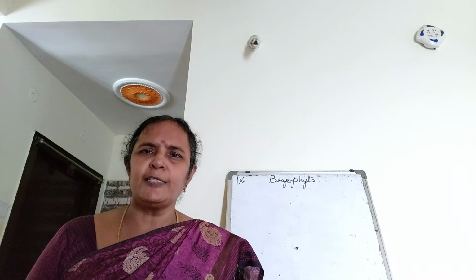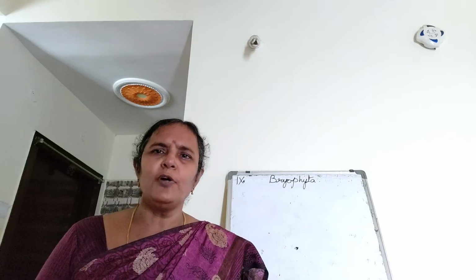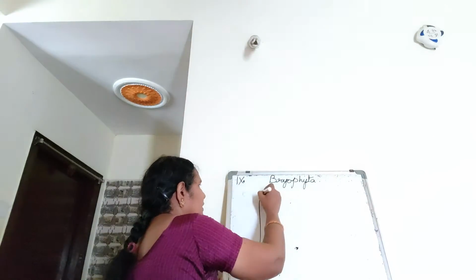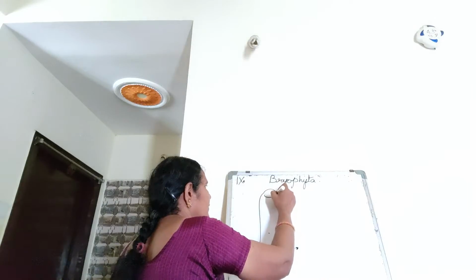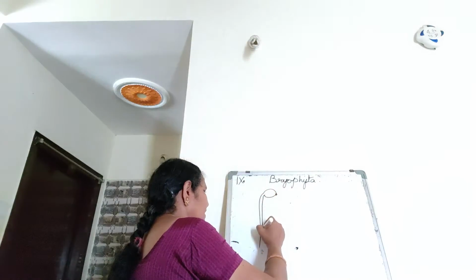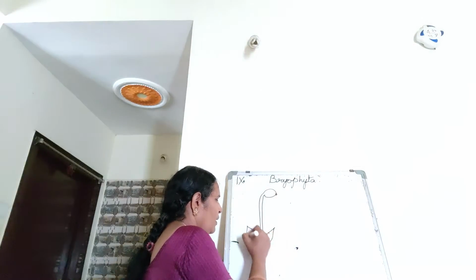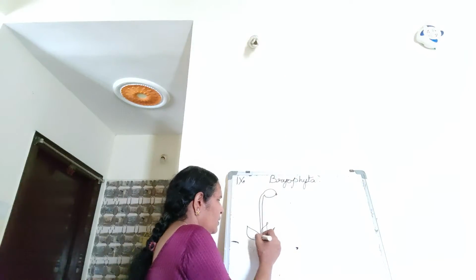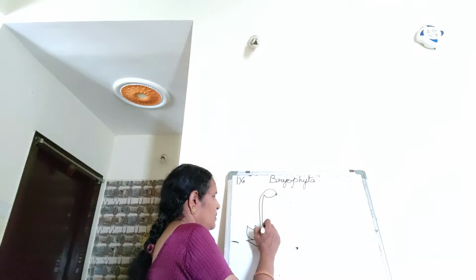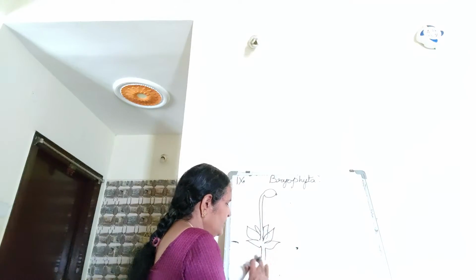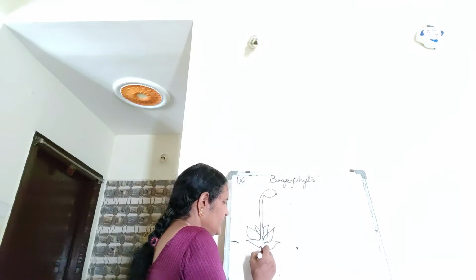Today I will explain you the life history of moss plant. If you see a moss plant, it has two stages in its life cycle. Two stages. These are leaf-like structures, but they are not leaves.